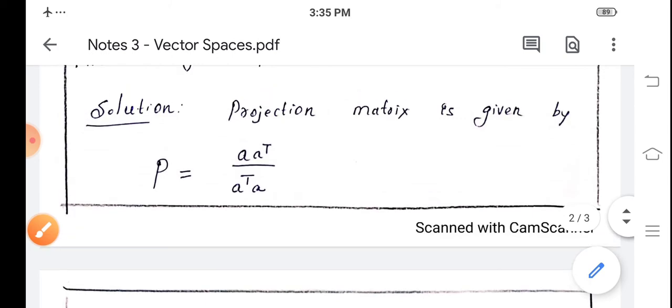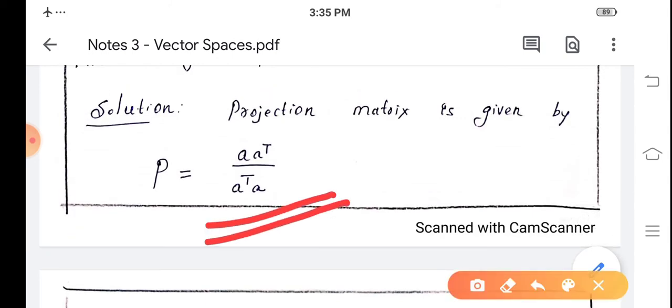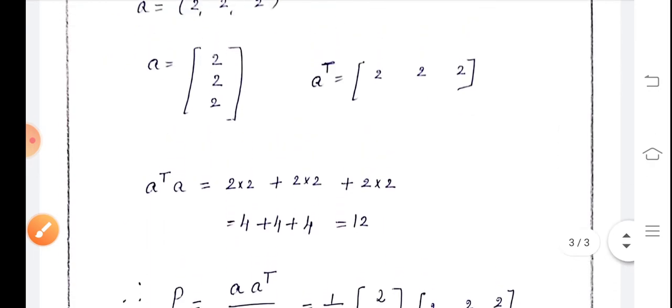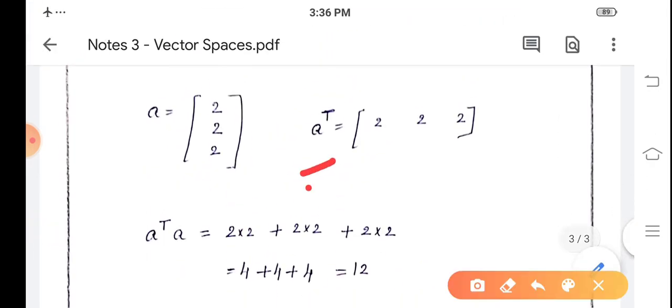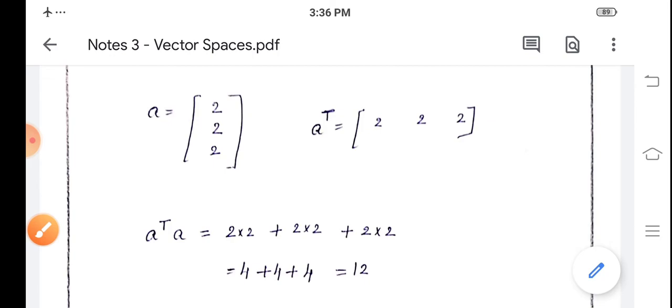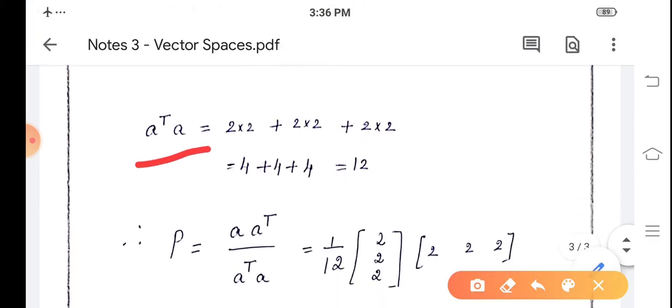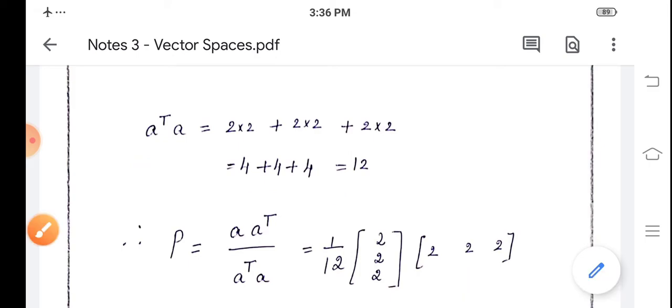Then we have the formula to find projection matrix, that is A into A transpose divided by A transpose A. Now here first we will find A transpose A. So A transpose A is 2 into 2 plus 2 into 2 plus 2 into 2. That will be A transpose A is equal to 4 plus 4 plus 4. That gives A transpose A is equal to 12.